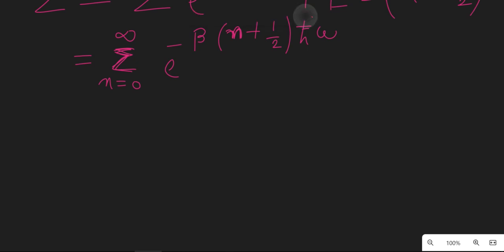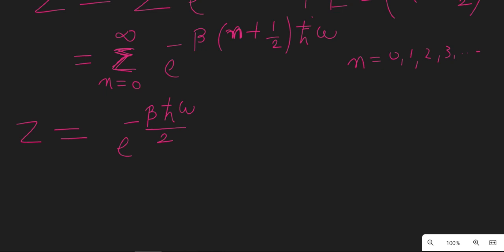Now you know n = 0 is the ground state, but now we calculate the partition function. First of all put n = 0, so you are left with e raised to minus beta h-cut omega upon 2. Then you have to put n = 1. n = 0, 1, 2, 3, in this manner you have to take values of n.